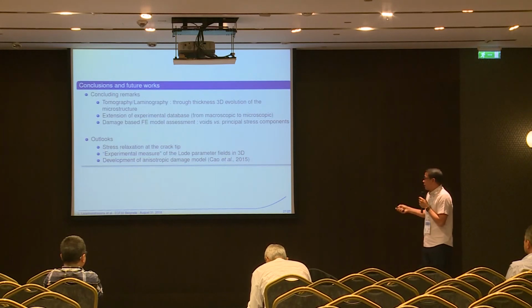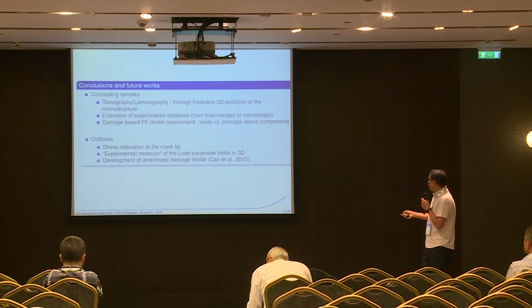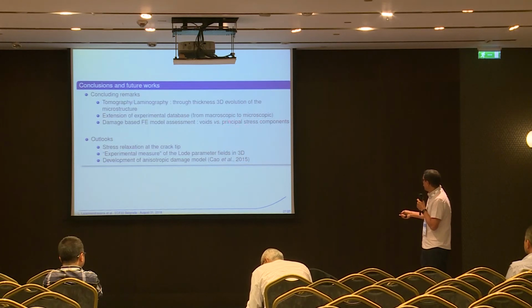Then this can be extended to assess the finite element model. And the main conclusion is that void shape evolution has been correlated with the evolution of the principal stress components.